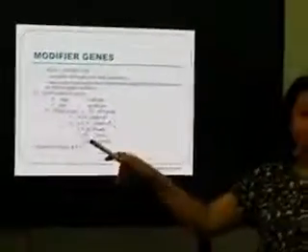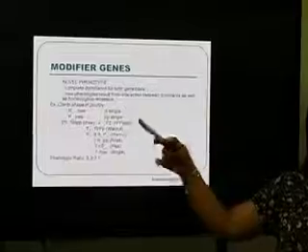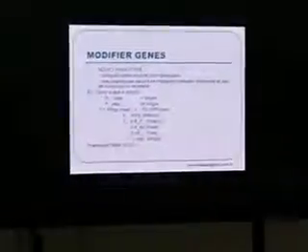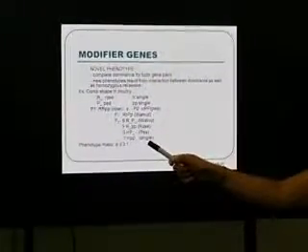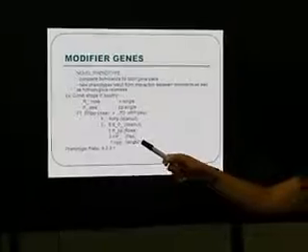What is the difference between this one and the normal dihybrid cross that you had last time? Last time, how many traits did you consider? Okay, you actually have 2. Aside from the comb shape that you were expecting, you have another trait to consider. But because of the presence of the modifier gene, you will only have one trait to consider, and that is the comb shape.